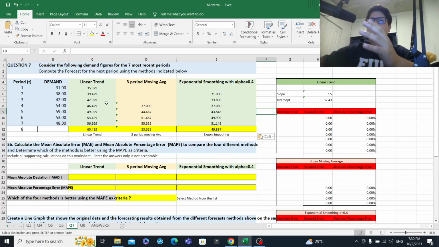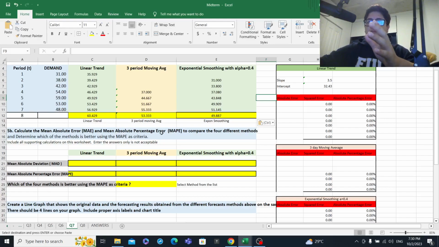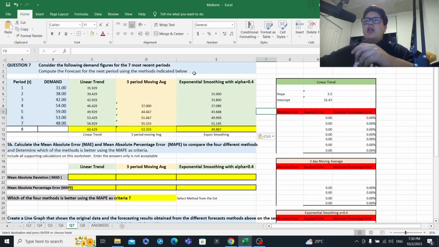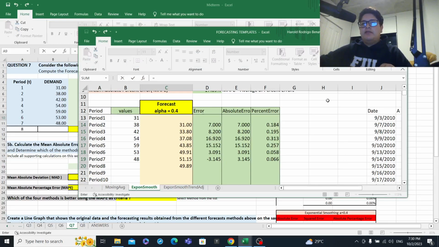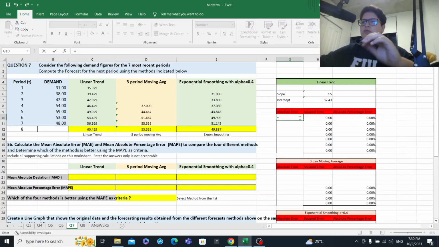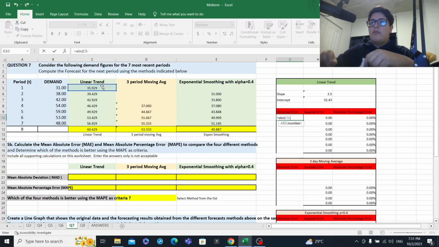Then we have to calculate the MAE and the MAPE using the methods. How do we do this? Well, first we have to calculate the absolute error of each. With the templates we already have these values, but let's make it so we can illustrate what we are doing here. The absolute error is the value we have minus the demand.